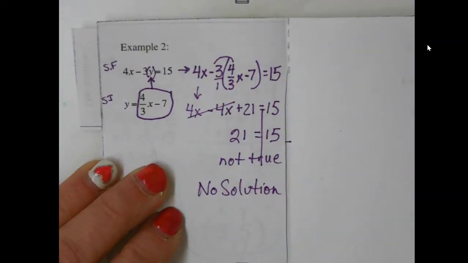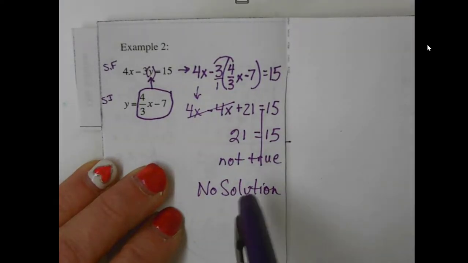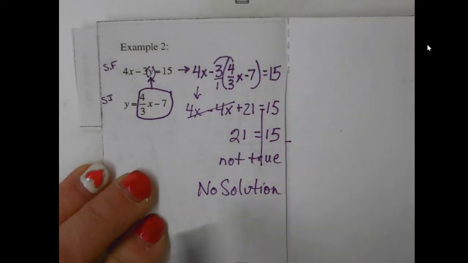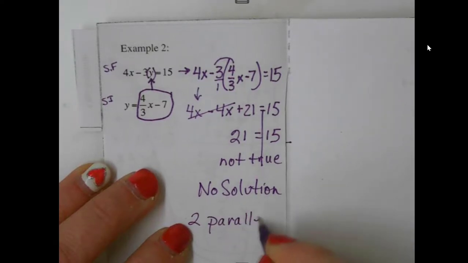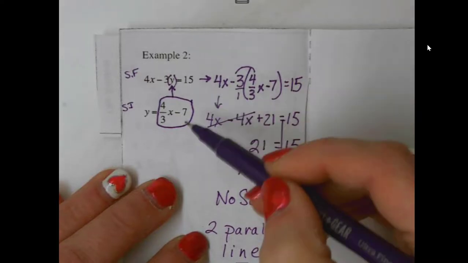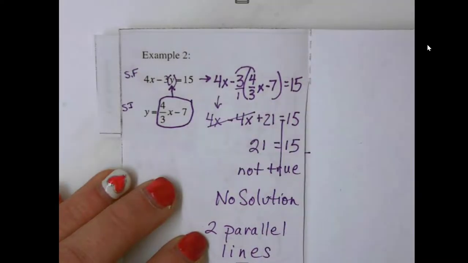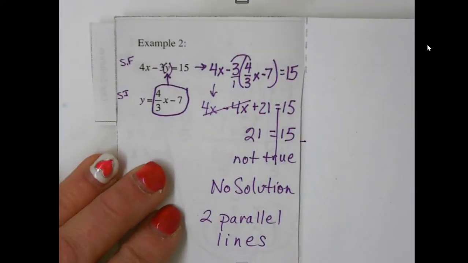So actually, this was a pretty quick problem. What a no solution means from the graphing is that we would have two parallel lines. So when we type these two equations into Desmos, there will be parallel lines and they would not crisscross each other.